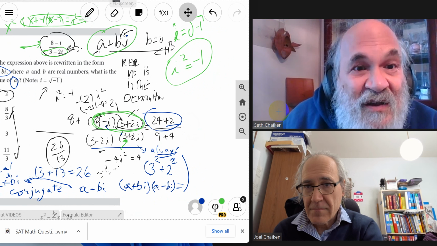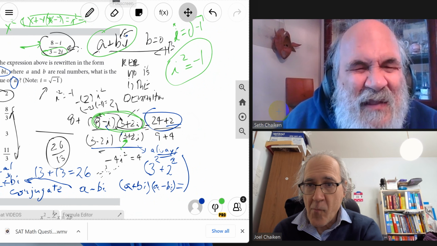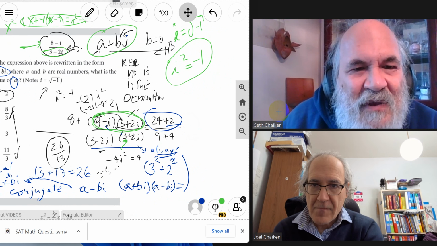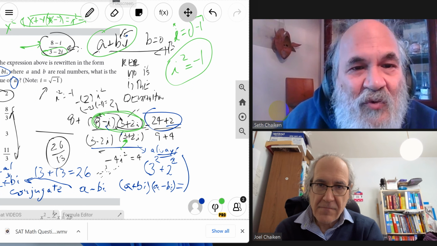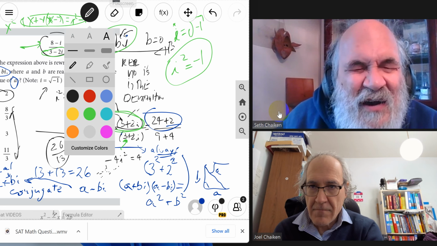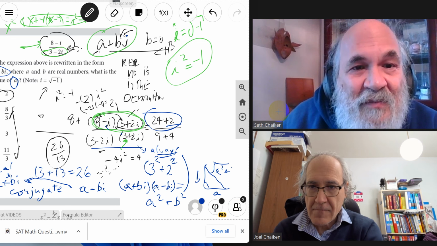Now, you'll recognize this as something that comes from the Pythagorean theorem. You have a and b as the lengths of the sides of a right triangle, and the hypotenuse is the square root of a squared plus b squared.